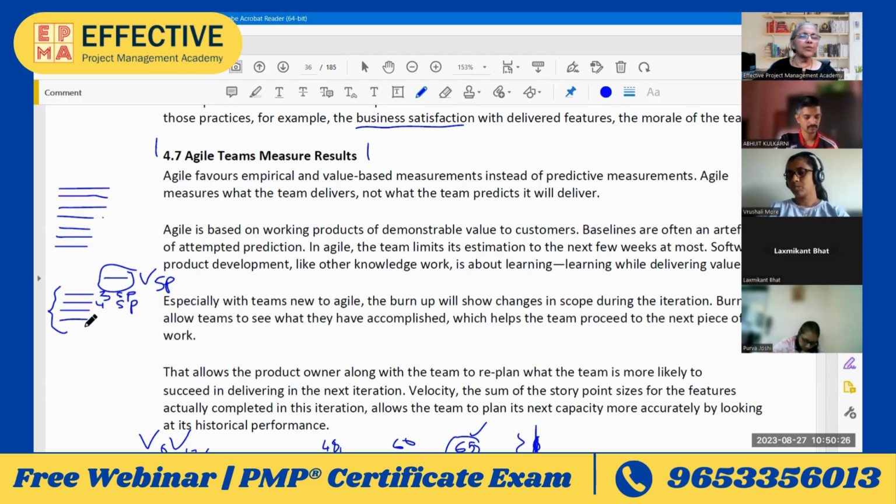The next story is worth, let's say, 8 story points. So how much is it? 15 story points. The last one is, let's say, 10 story points. So altogether, in this iteration, we are taking work worth 25 story points. That is what they will decide. So that is how they plan the work.